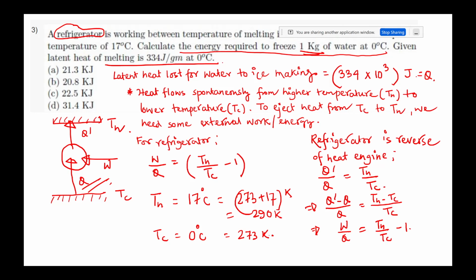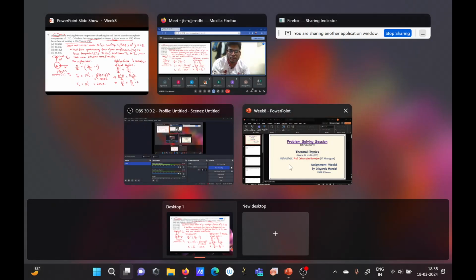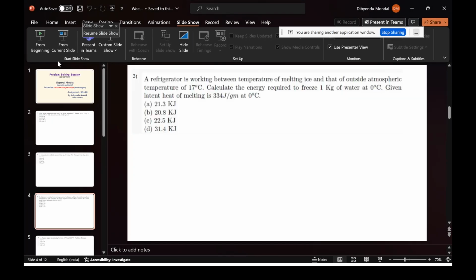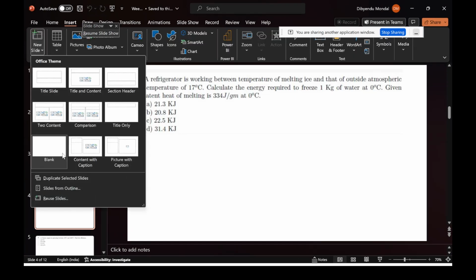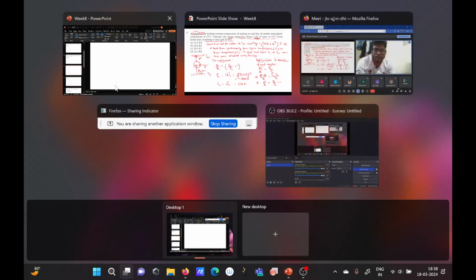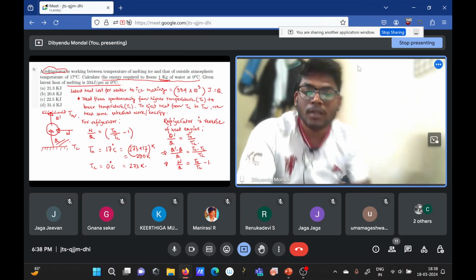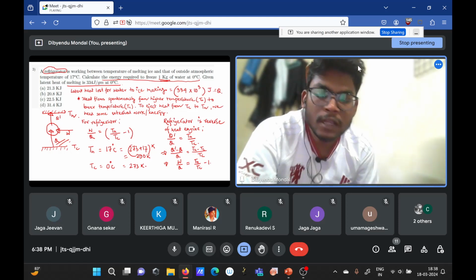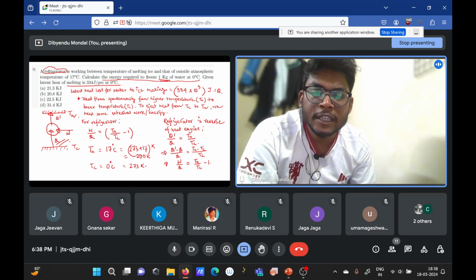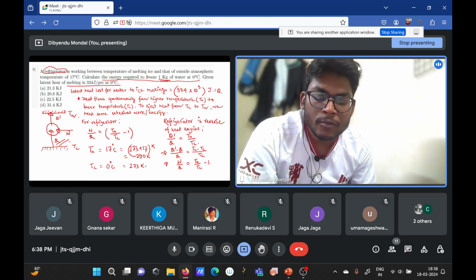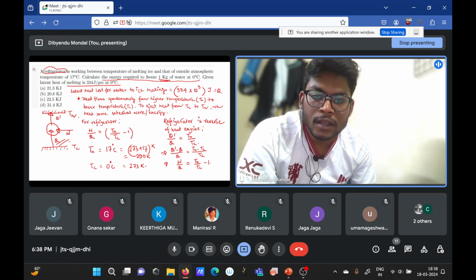Please tell me. Do the calculations, because we have given the formula and the value of each variable, and we have to find W.